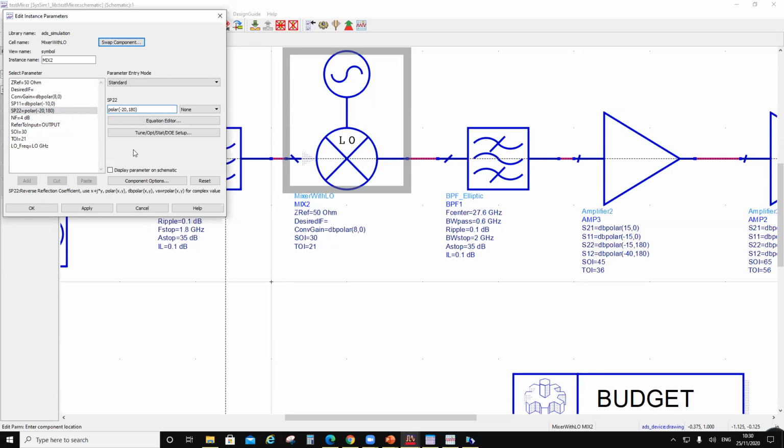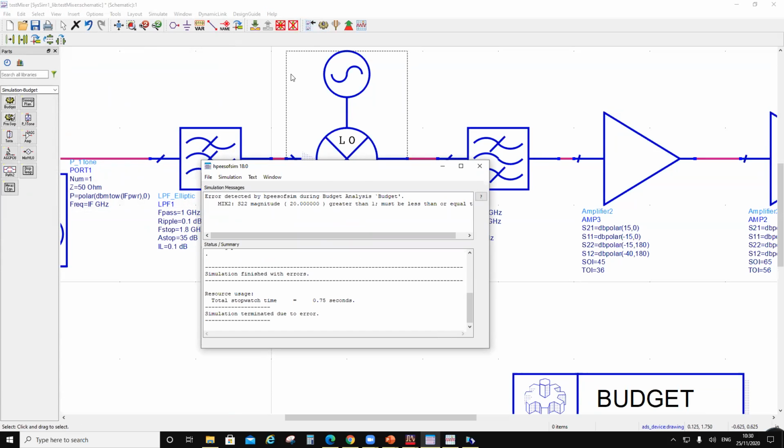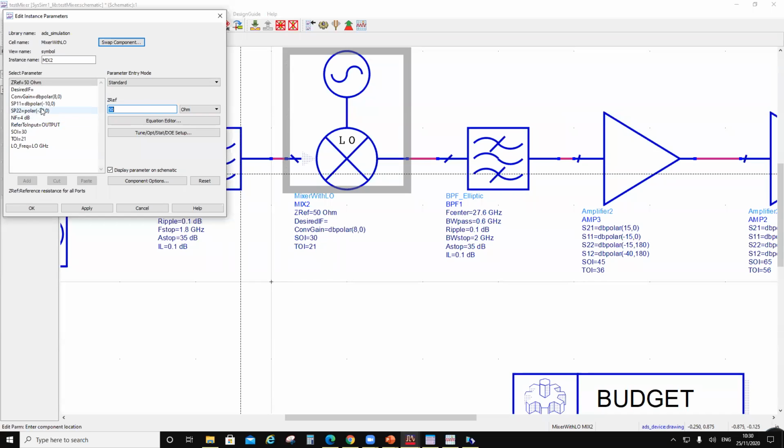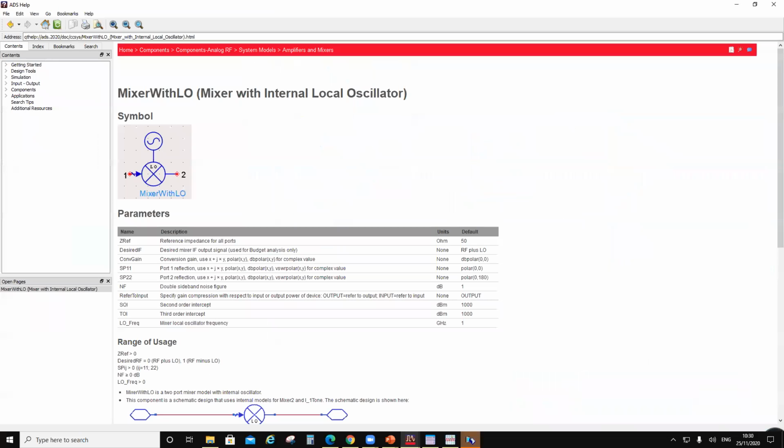So this angle is 0. Forward coefficients. Do you think it should give it is 10? I don't think so. If you go to the help, dp polar, xy, complex value, polar.